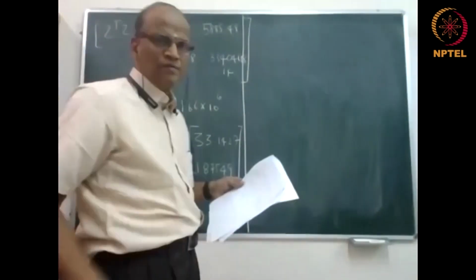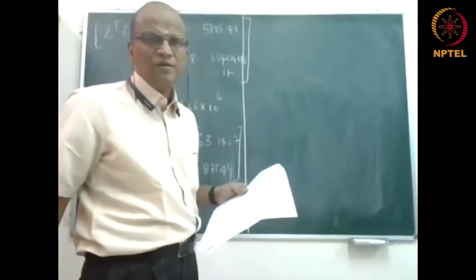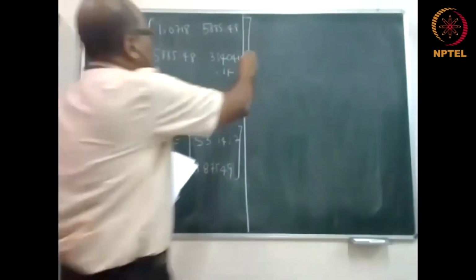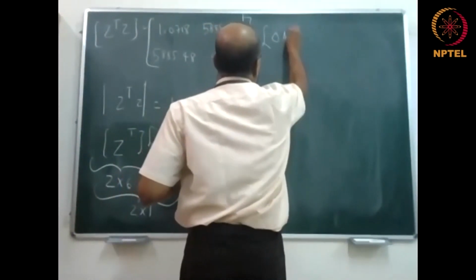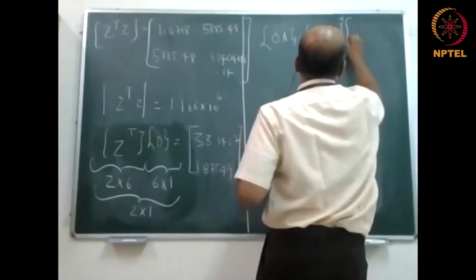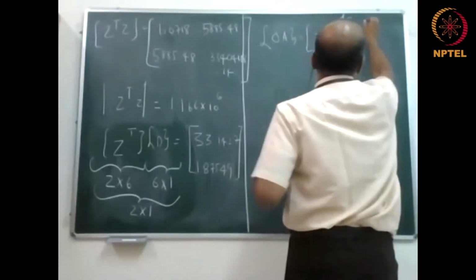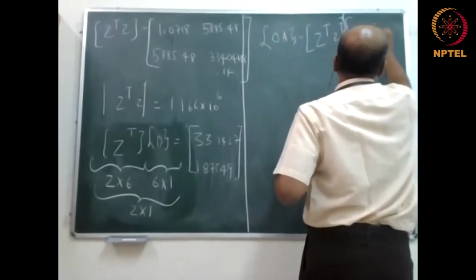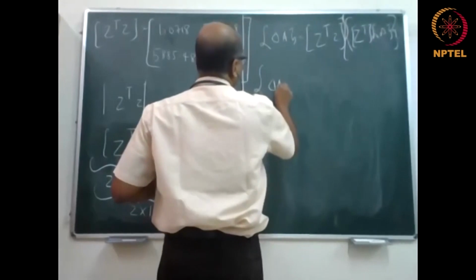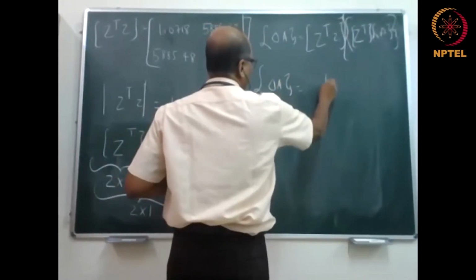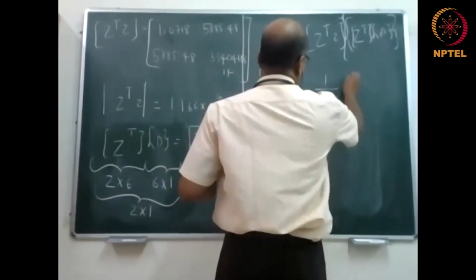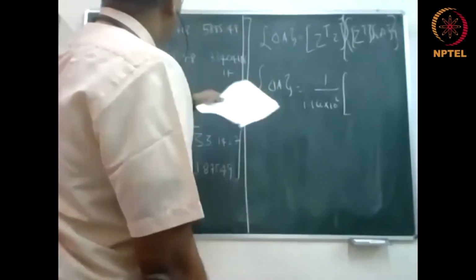Oh, very good. Who is that? Pratiksha, sir. Oh, very good, Pratiksha. Okay. Now, what I should do? Delta A equal to Z transpose T Z inverse operating on Z transpose T. That's it. Okay, so delta A, that is 1 by, and then that one, we can flip that, no?